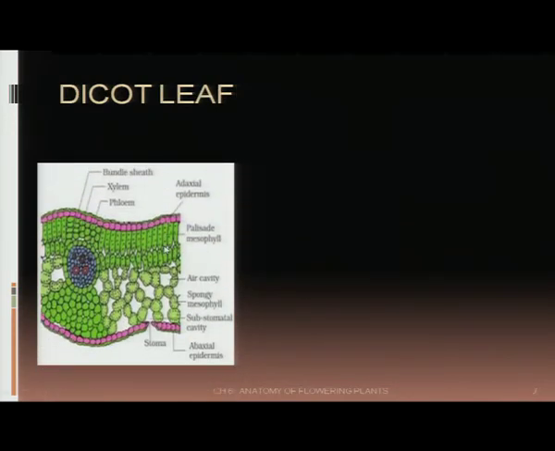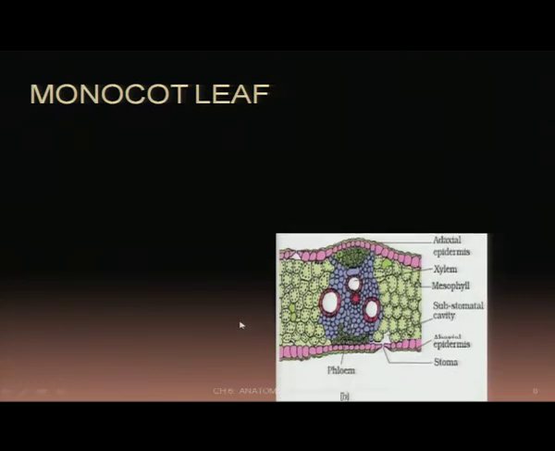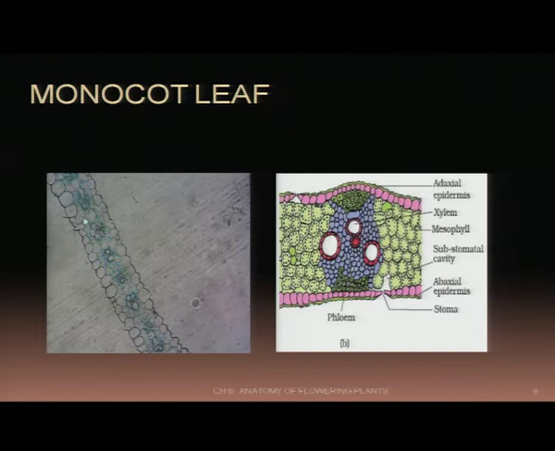Lastly, we had studied the structures of dicot leaves and monocot leaves. We saw that in dicot leaves there are two different types of epidermises, the adaxial one and the abaxial. Also, there are two different kinds of mesophyll cells, the palisade and the spongy mesophyll, as compared to the monocot leaf where only one type of epidermis and one type of mesophyll are present.